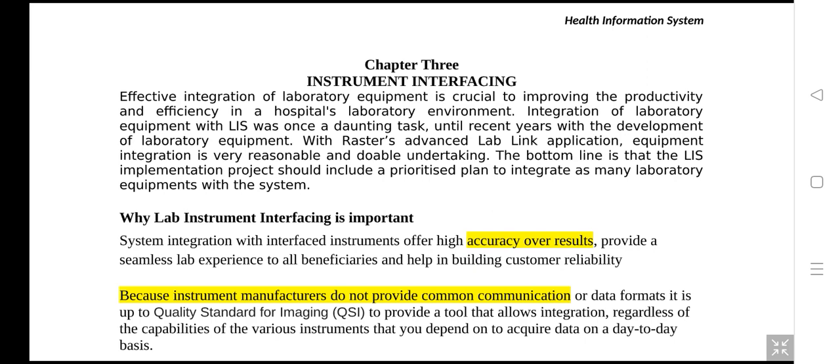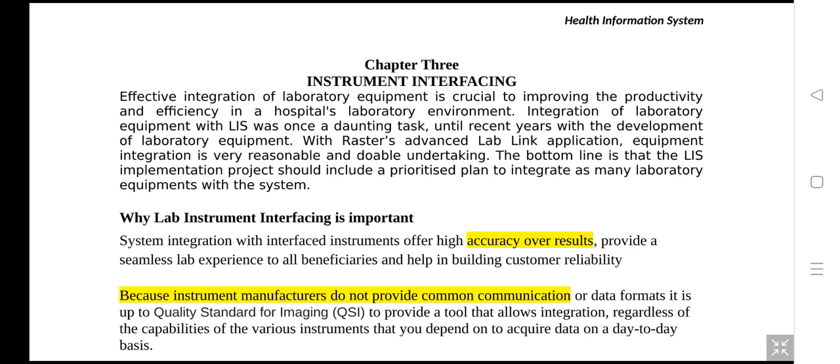Now, effective integration of laboratory equipment is crucial to improving productivity and efficiency in the hospital laboratory environment. Interfacing enhances productivity and efficiency.